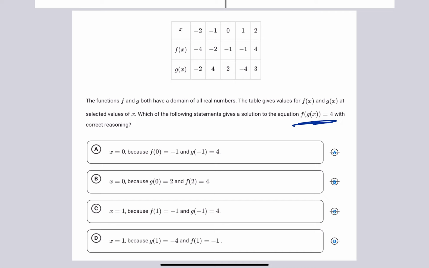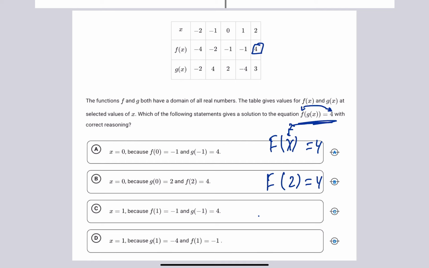I'm going to actually work my way the other way around this time. So how would I get 4? When do I get f of x equal to 4? Well, that's when I have the following, right? That means this should be equal to 2, right? f of 2 equals 4.